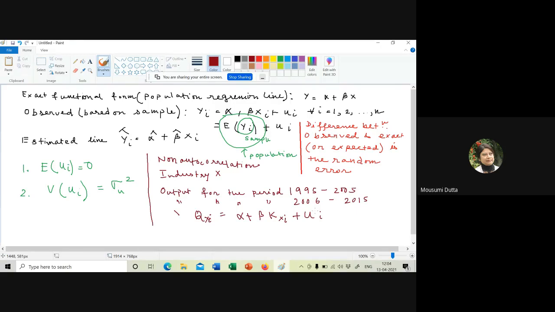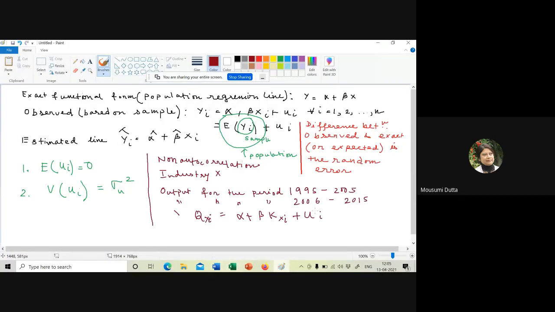In reality, whenever we go for any kind of time series analysis, we find this kind of problem. The errors are related to each other across different periods because you are considering the same industry or the same country.